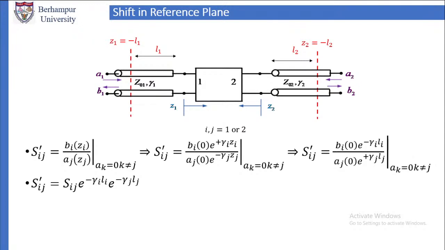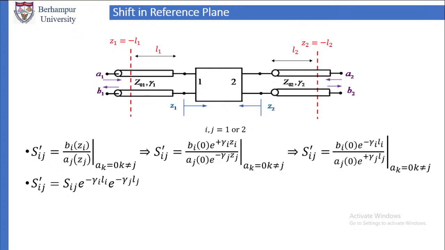Now the reference point for port 1 is shifted towards the left by an amount L1. So instead of Z1 being 0, Z1 now becomes minus L1. When Z1 becomes minus L1, will the S matrix remain the same or will it change?